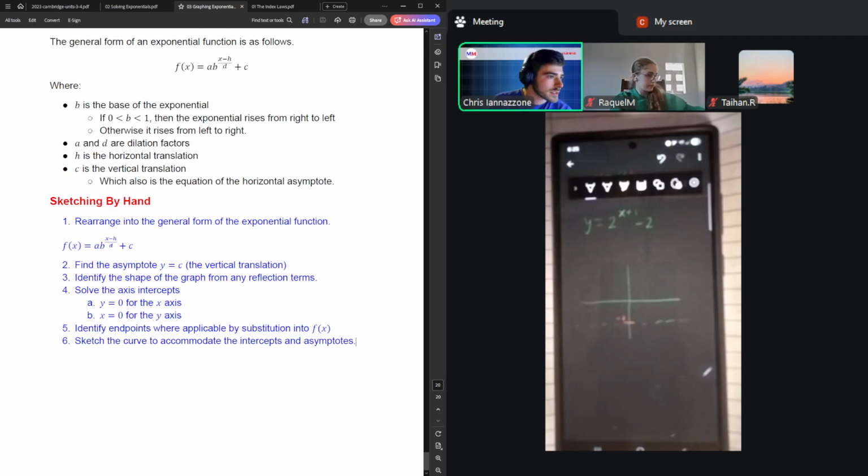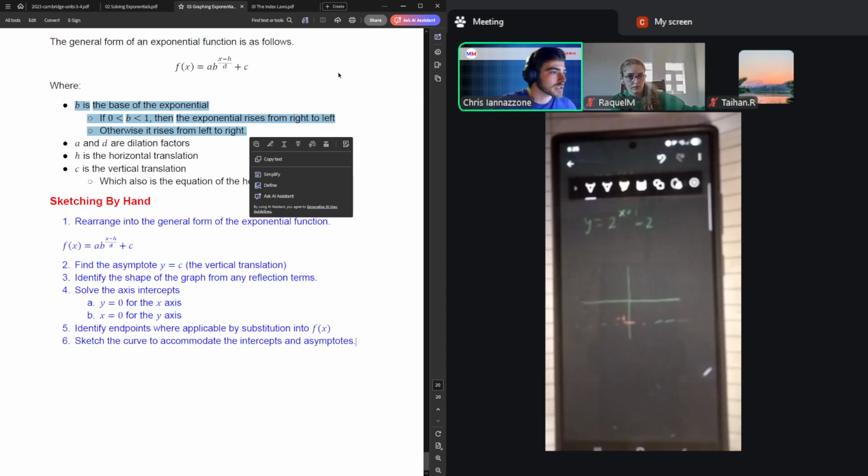Now, one of the things we have to do is look at the base. This is the other issue with exponentials. So for the base, there are two outcomes depending on which way it's going to look. What category do we fall into? I'll have it highlighted as well on the screen share.